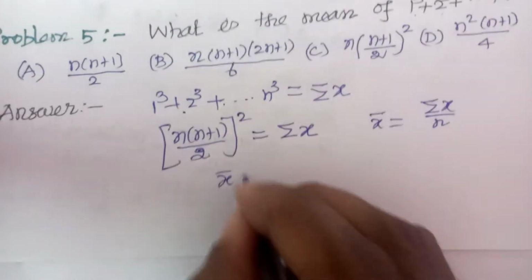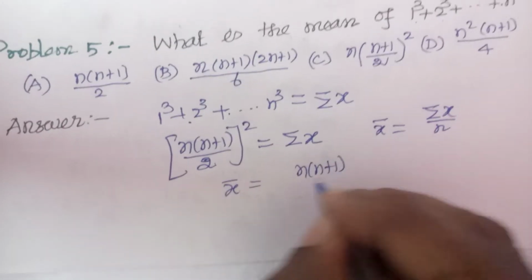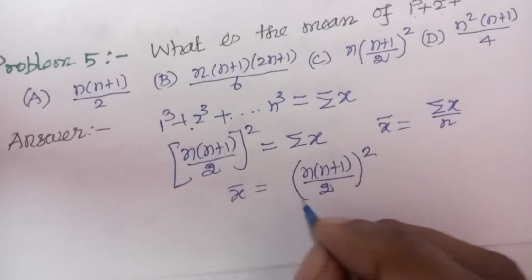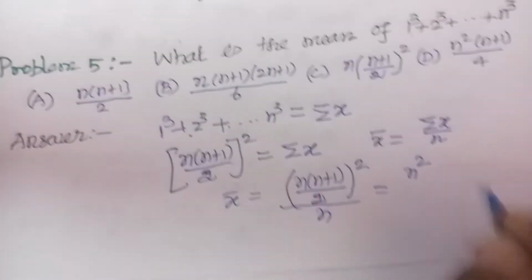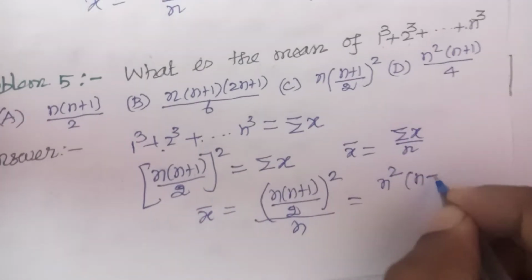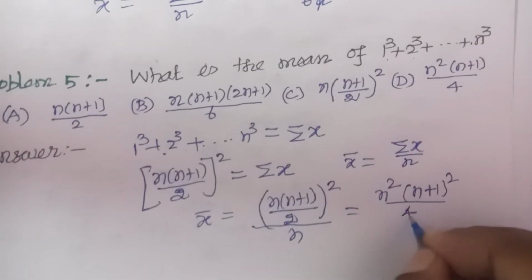Therefore x bar is equal to summation of x value, n into n plus 1 divided by 2 the whole square, divided by n. Therefore we can simplify: n square into n plus 1 whole square divided by 2 square, 4, into n.